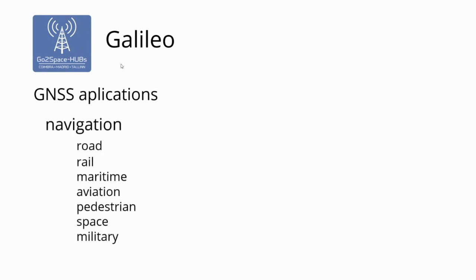And the last thing: the applications of global navigation satellite systems are vast. That's an understatement. Of course, it's navigation of all sorts, like road, rail, maritime, for airplanes, for everything actually.